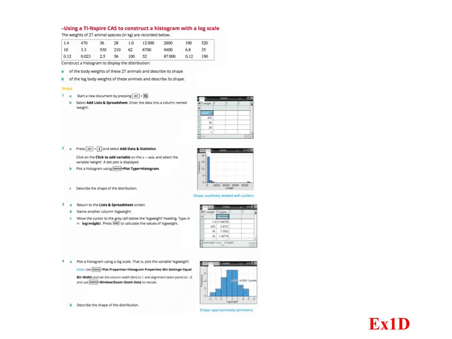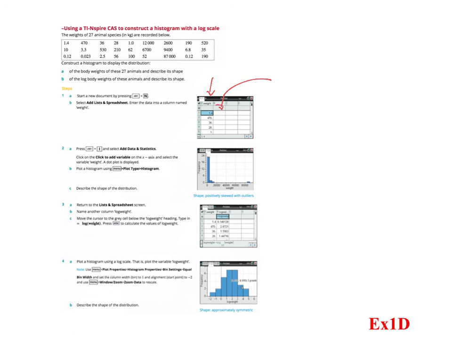So if you have to create a log scale, you pop your list into your spreadsheet like we did with the histogram. Then you create, next to it, a list of all their weights or whatever you're talking about in a log.